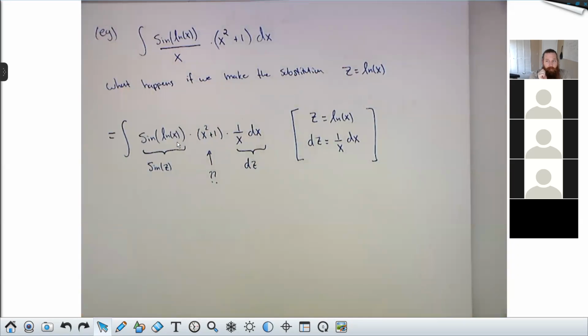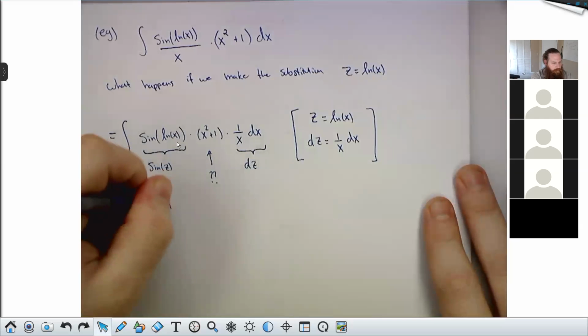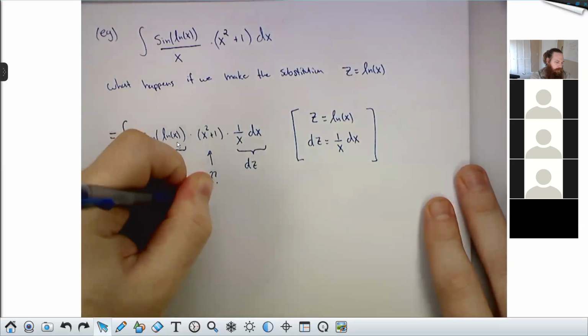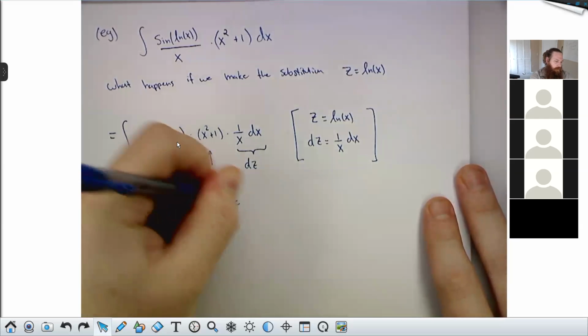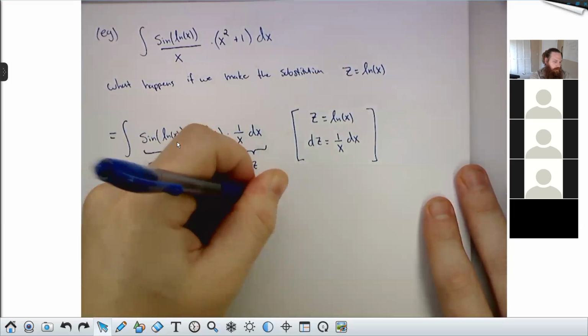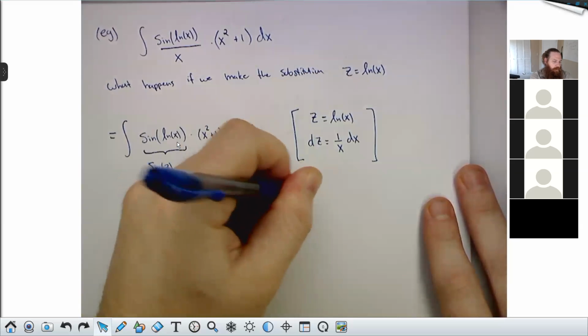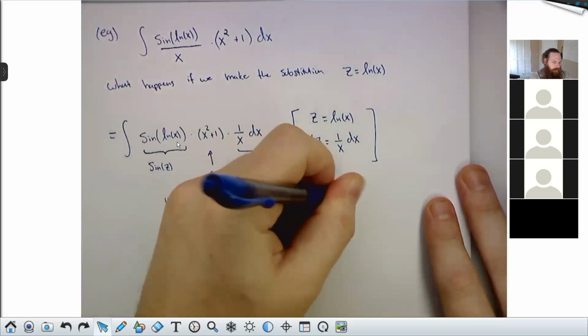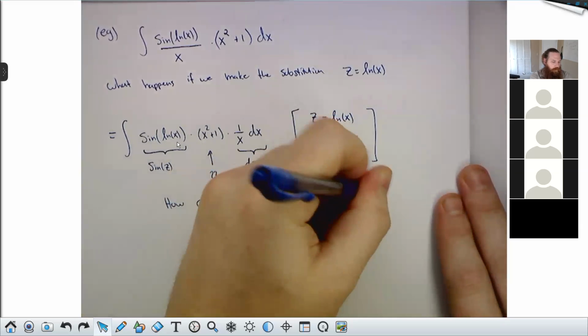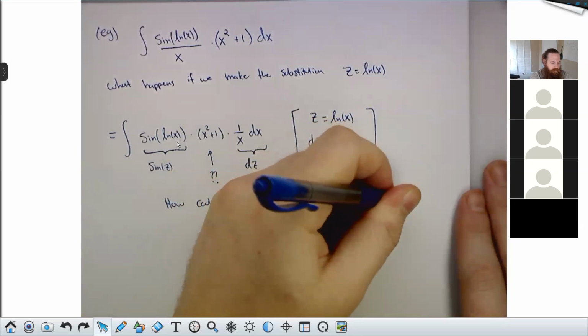Remember, I cannot mix variables. I'm not allowed to have x's and z's in the same integral. Just not allowed. So how can I write x squared plus 1 in terms of the variable z?